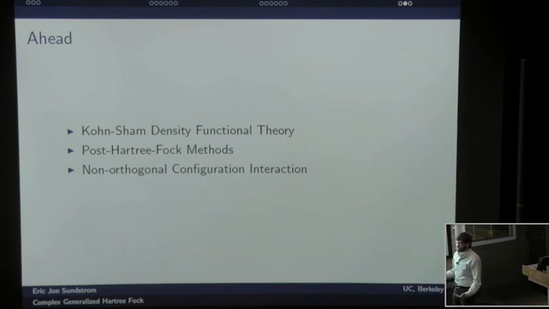If you find multiple configurations, you have different Slater determinants, you can interact them just like in configuration interaction. Typically what's done in configuration interaction is that the states that you're interacting are orthogonal. In this case, Slater determinants are not, so you have to do a non-orthogonal theory. One of the reasons that I'm looking at this in relation to this set of thoughts about broken symmetry solutions is that we're looking at a denser manifold of states.